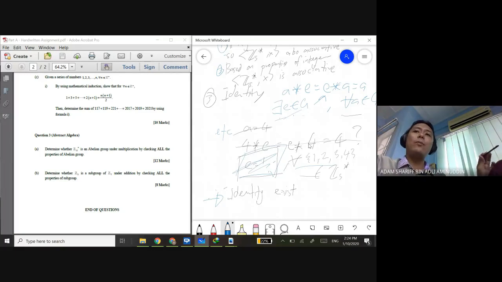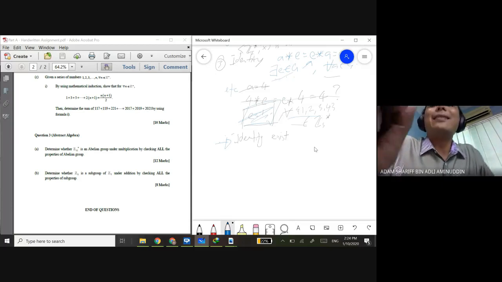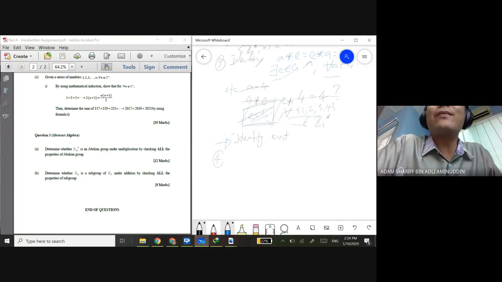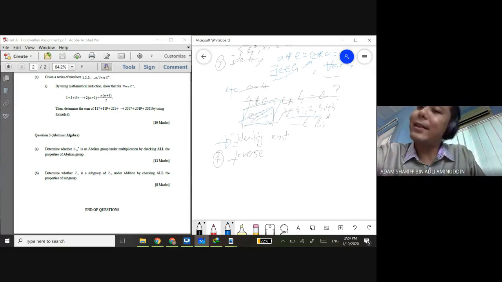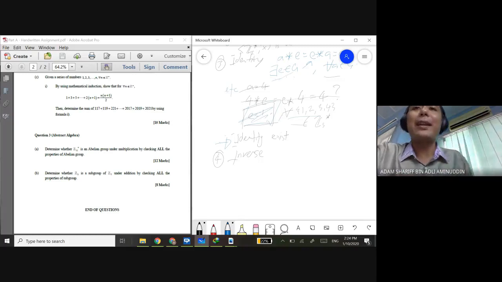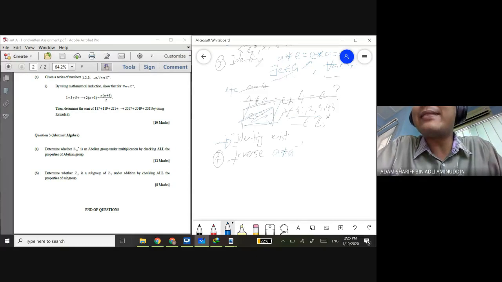Okay, yang tak cukup selalunya, I speak English kan. The one that most students do wrongly is at the inverse. They take it very simple. They think that, okay, E equals to 1. So inverse. Inverse, the definition is given like this.